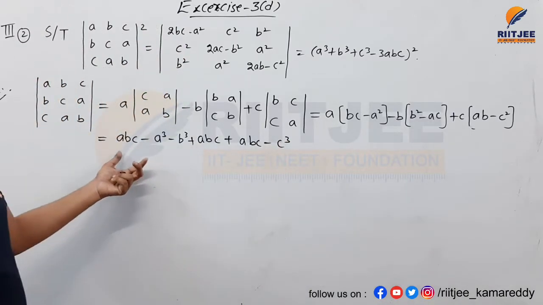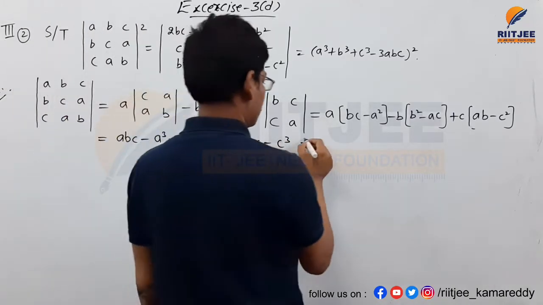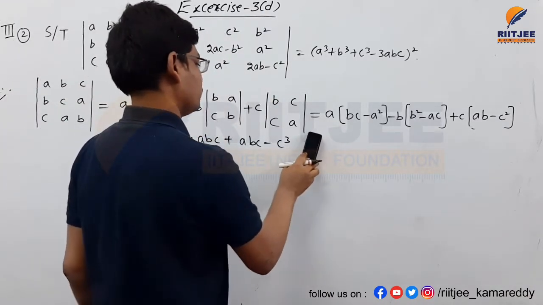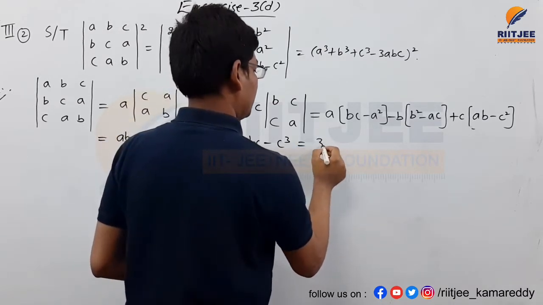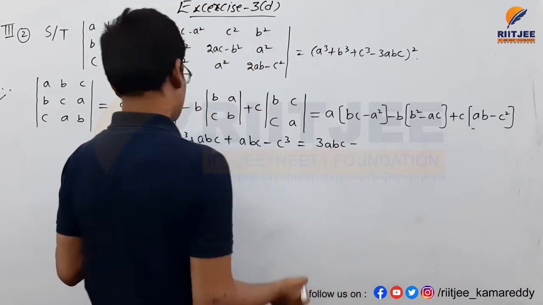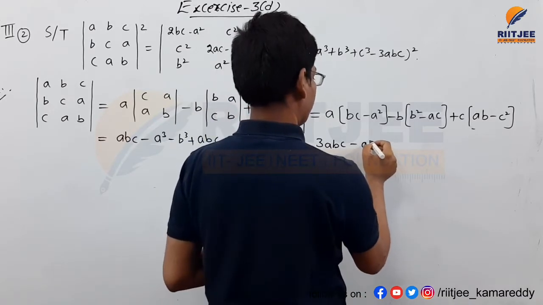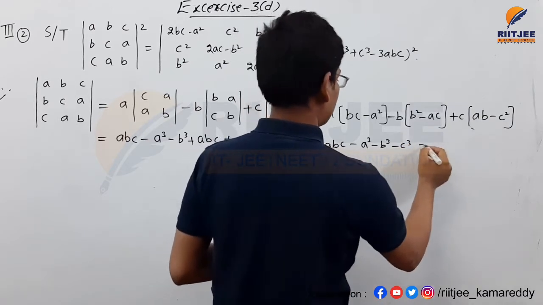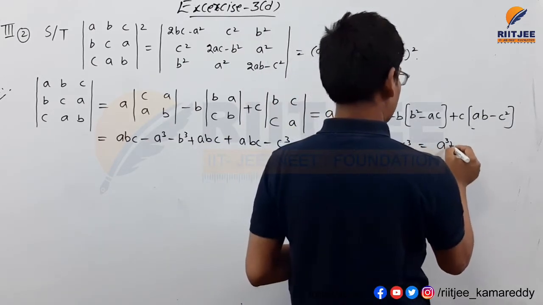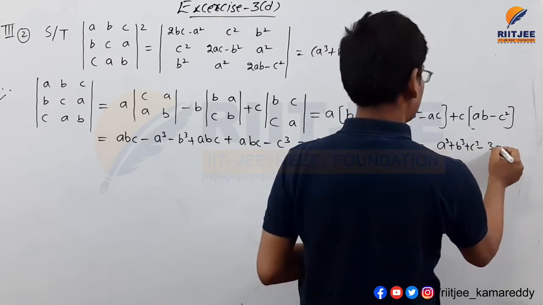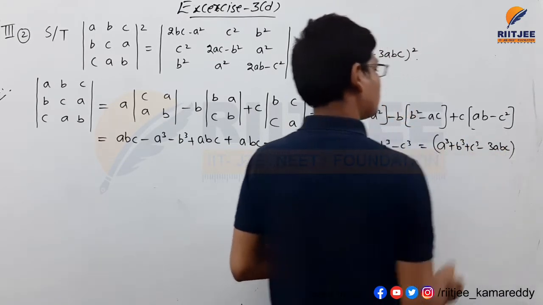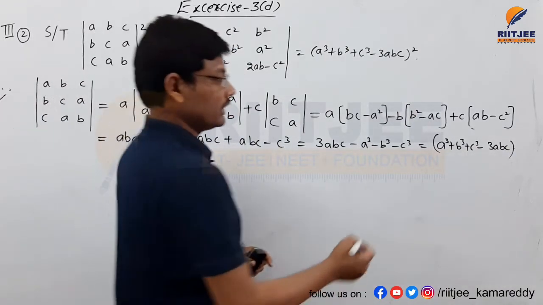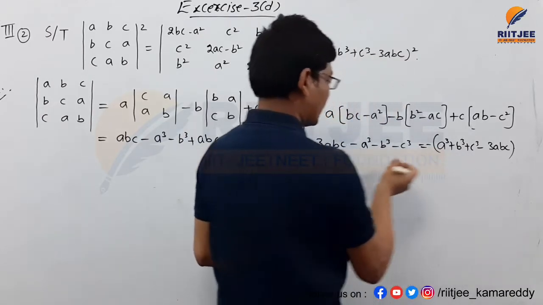So here 3 ABC are there, which is equal to 3ABC minus A cube minus B cube minus C cube. This can be written as A plus B plus C, times (A cube plus B cube plus C cube minus 3ABC), if you multiply the minus here. So this is the expression for this determinant.